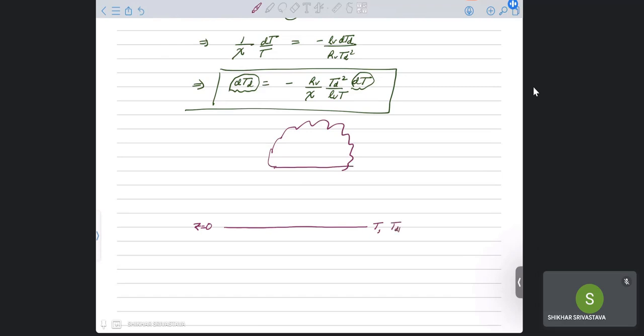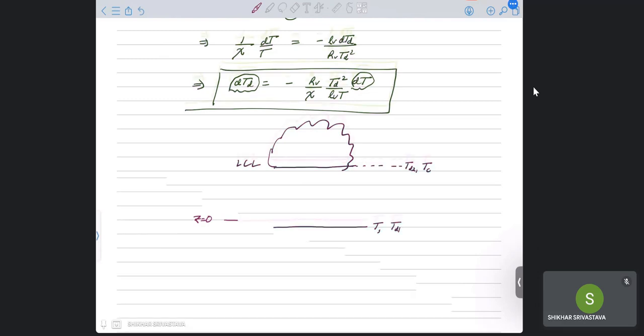Similarly, at the base of the cloud, this is your LCL, the lifting condensation level, where the cloud starts forming, suppose the dew point temperature will be TD2, and the ambient temperature will be equal to the condensation temperature. Why condensation? Because at this level, clouds start forming. So obviously the temperature of the parcel will be equal to the condensation temperature.